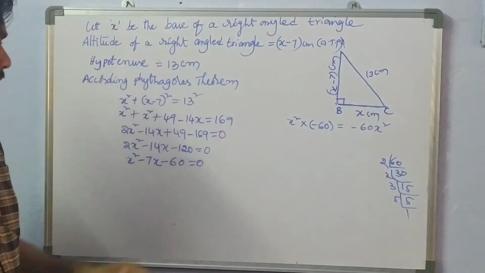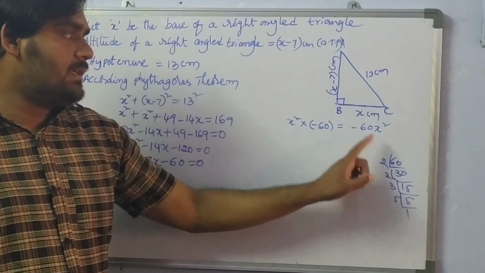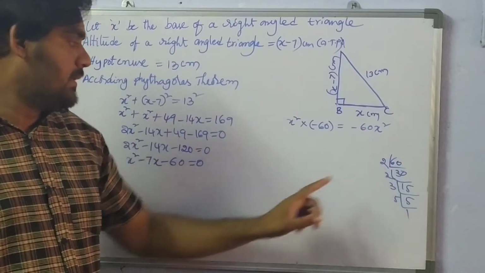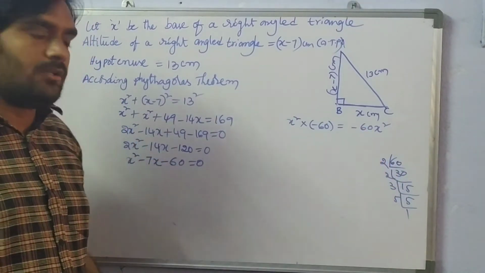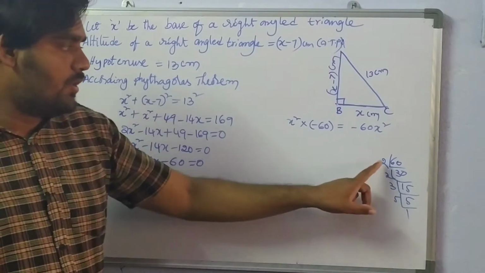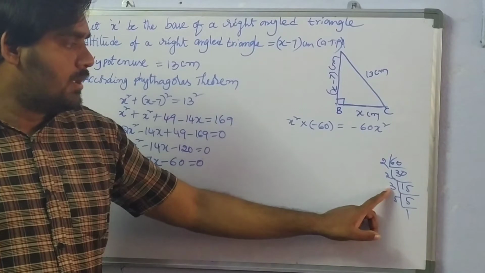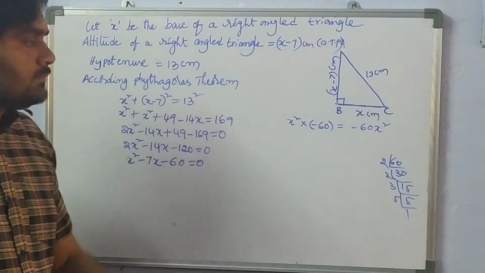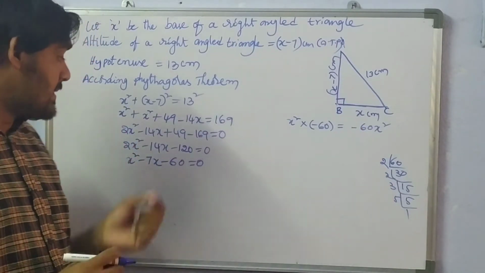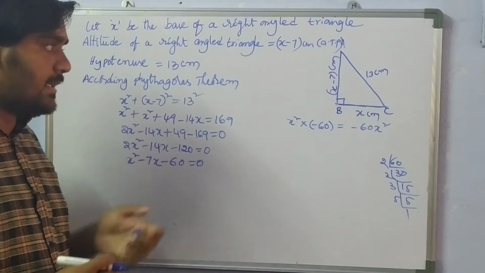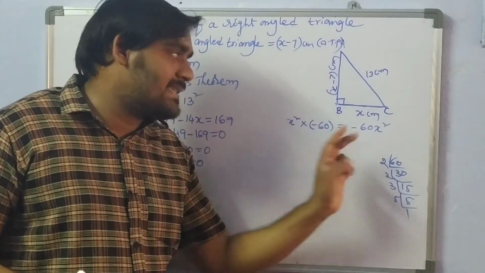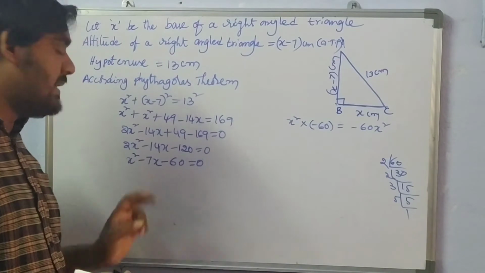See here, 2 into 30, we get 60, but if you add, it will become 32, and we need to get minus 7x. So 2 2s are 4, 4 3s are 12, 12 5s are 60. But the sum should be equal to minus 7x. So the product should be minus 60x square and the sum should be minus 7x.